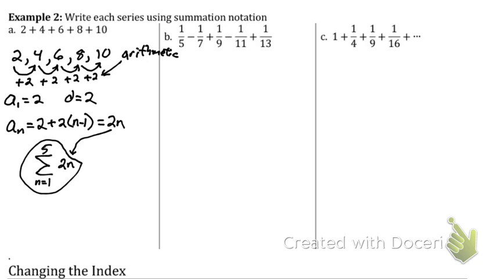So to alternate between positive and negative, does anyone want to tell me what we're going to use? We have 2 choices. Negative 1 to the n or negative 1 to the n minus 1. What would I use in this case?